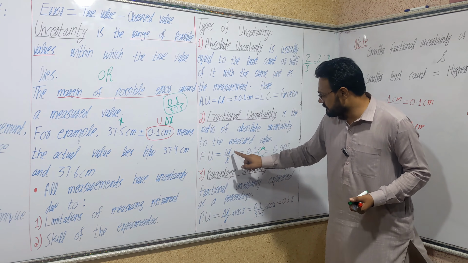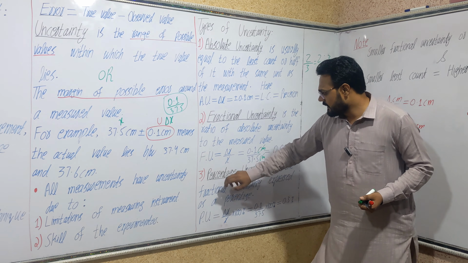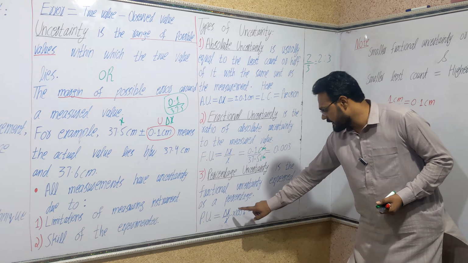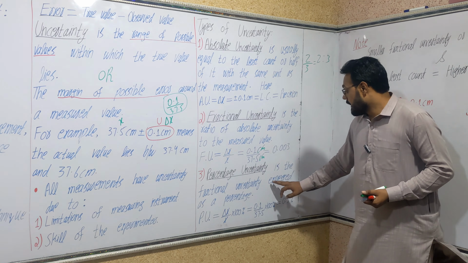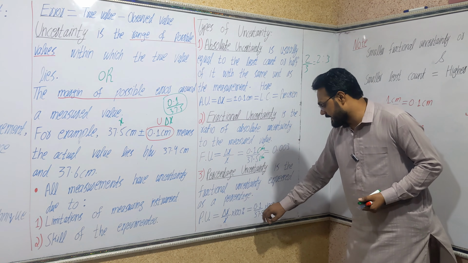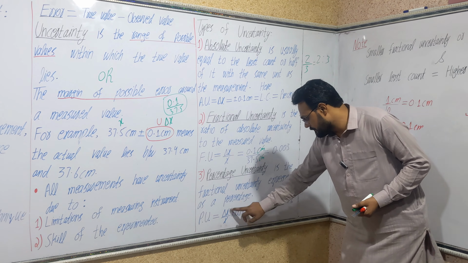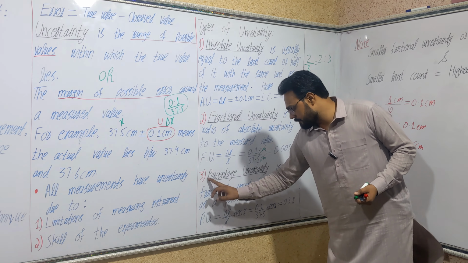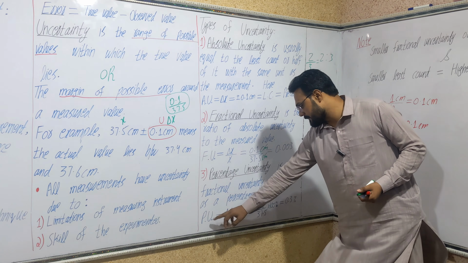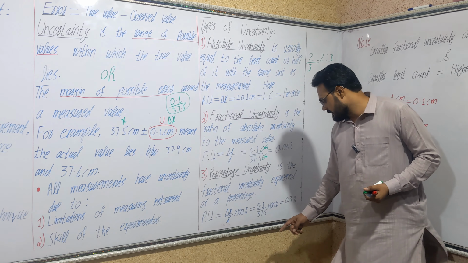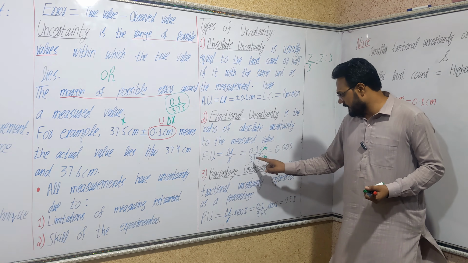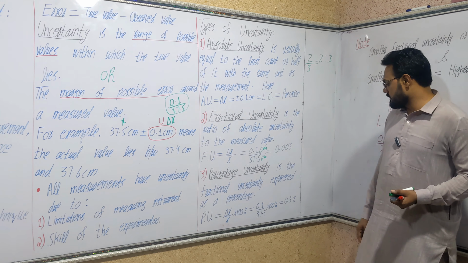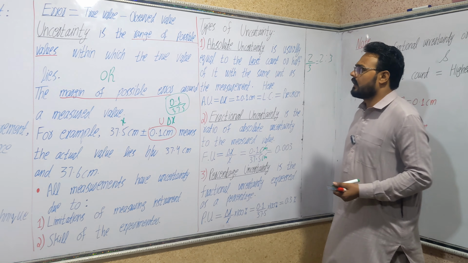So percentage uncertainty is the fractional uncertainty expressed as a percentage. Percentage uncertainty is equal to 0.1 divided by 37.5, multiplied by 100%. You will get 0.3%.